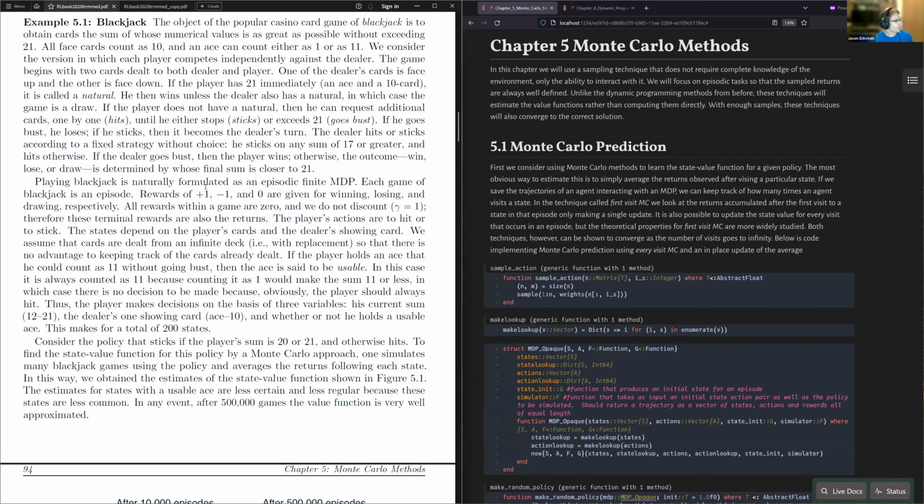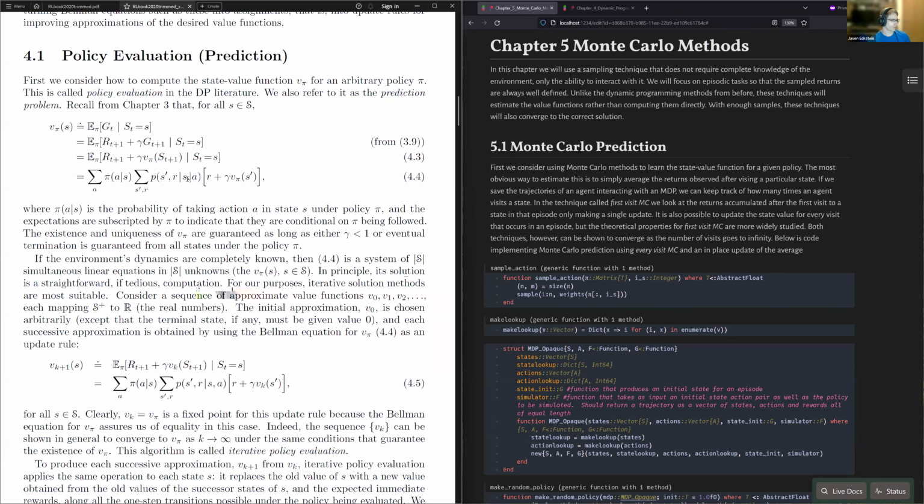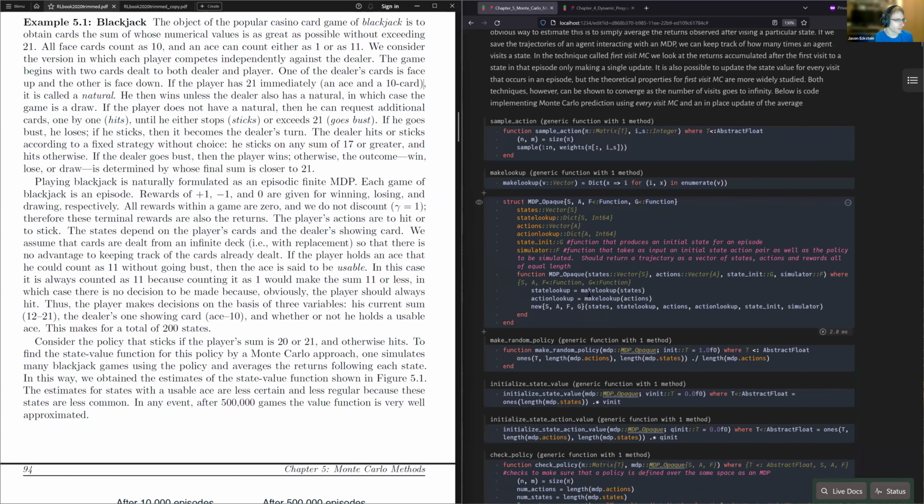One of the points made here is that it is easier to write a program that simulates this and just generates a particular outcome for the game than it would be to calculate this probability transition function for Blackjack.